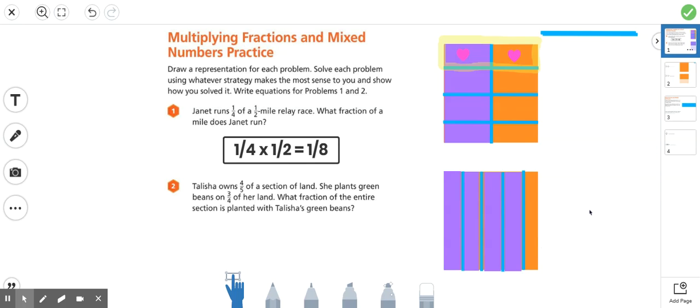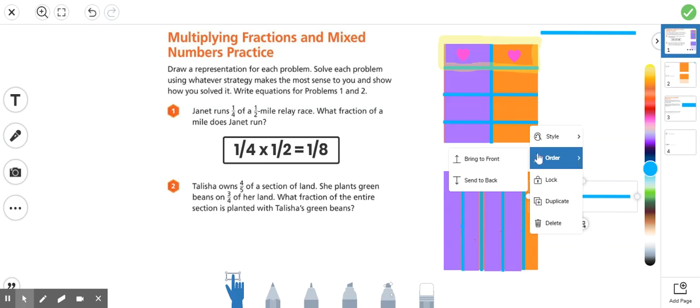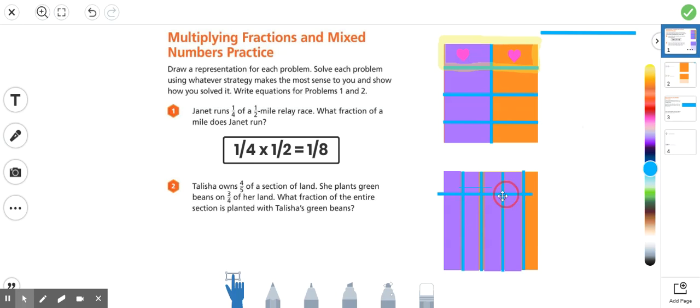And she wants to put green beans on 3/4 of her land. So I'm going to take this and I'm going to cut it into 4ths. Yep, anytime that things go behind, I know that happened with some people the other day on one of the assessments.